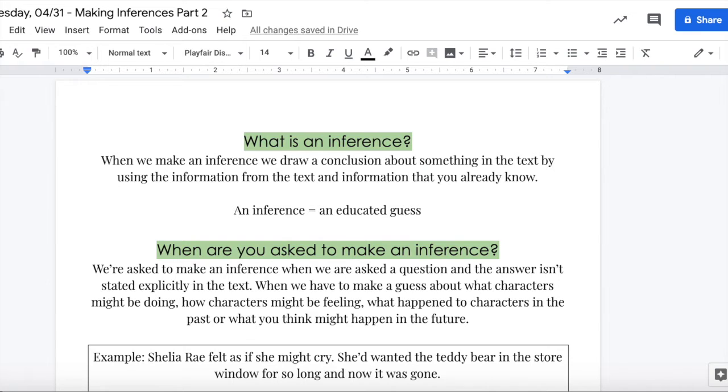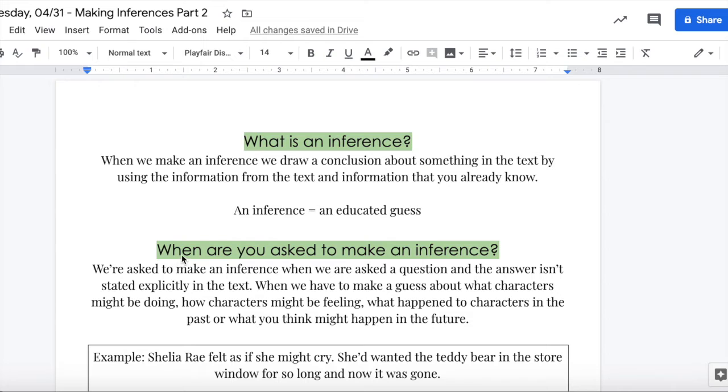A simple way to say it is that an inference is an educated guess. It's making a smart guess about something in the text by using information that's in the text or the story and information that you already know. That might be confusing right now. That's okay. We're about to talk about it a little more.